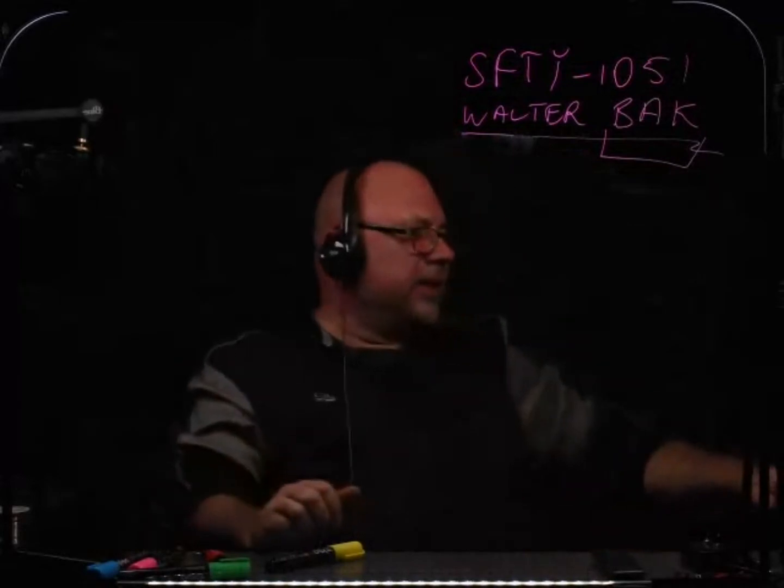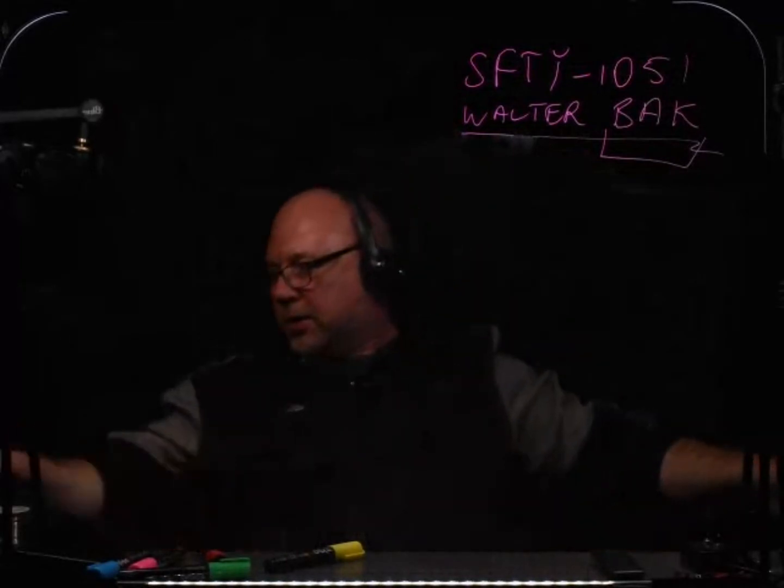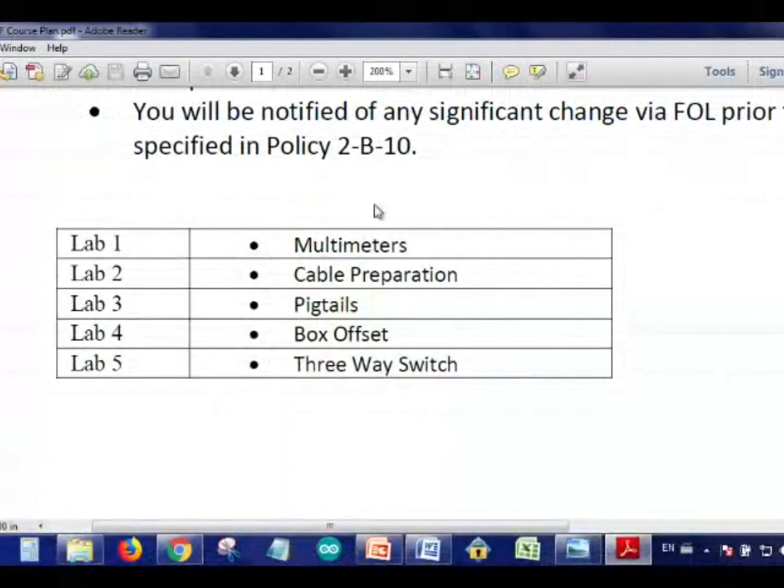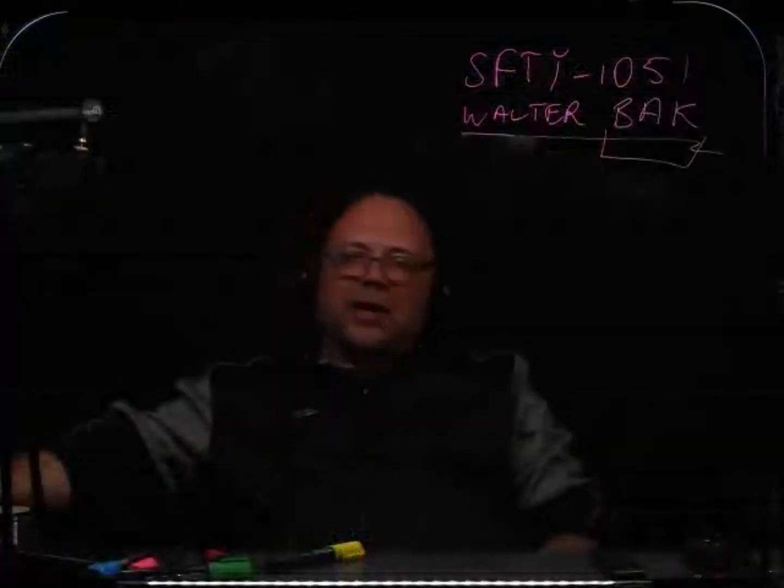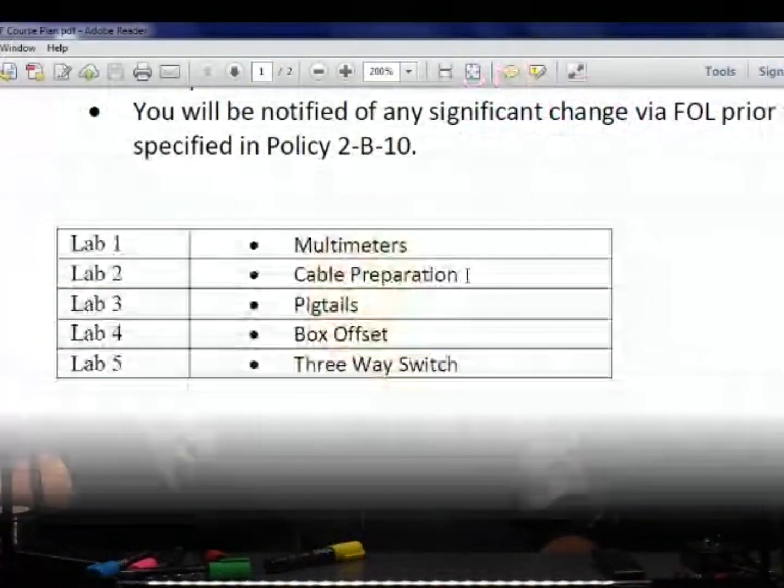All right. So the labs, lab number one. Okay, here, let's get some laptop here. Lab number one is the multimeters. Lab number two is going to be a cable preparation. And during that lab, we're going to strip something called NMD90 cable. Sometimes it's called Romex. It is the regular cable that we use for household electrical installations, okay?